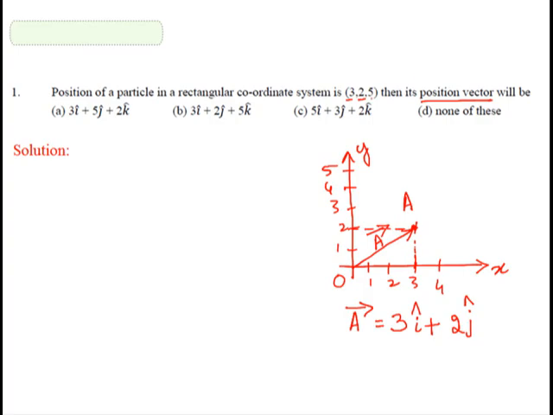Okay. Now, in the question there is a third axis also, z-axis, right? So we just have to extend this for the third dimension.